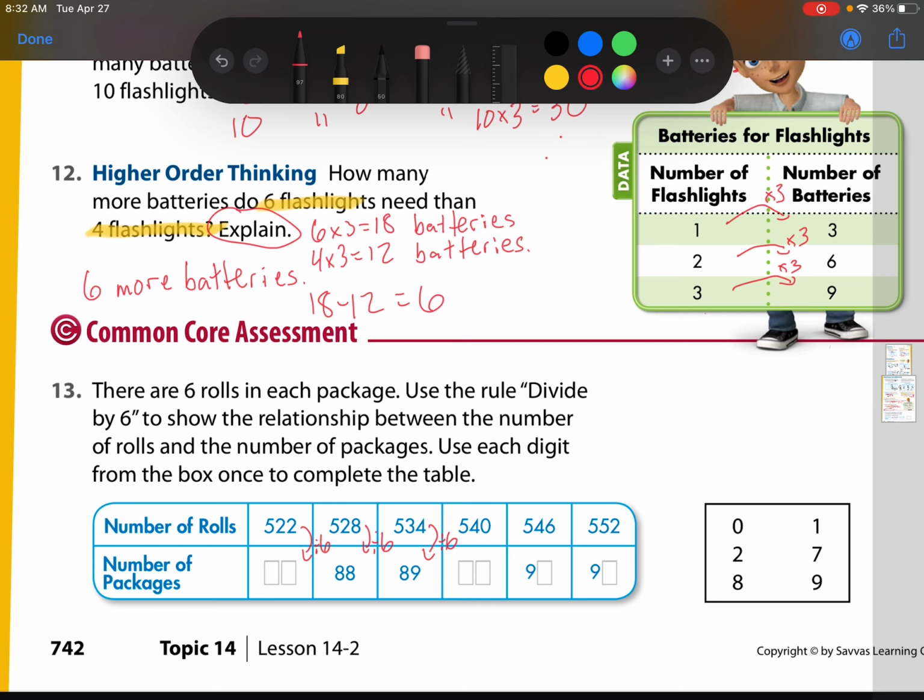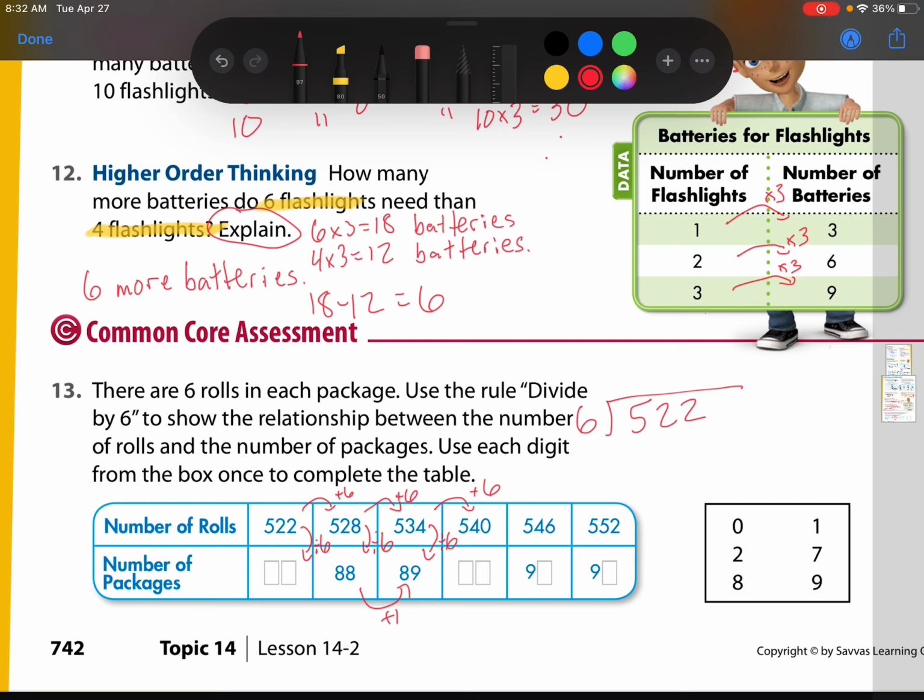Use each digit from the box once to complete the table. Well, here we could do 522 divided by 6, but there's an easier way. It goes back to recognize that pattern. Notice here I'm increasing by 6 each time. And down here, I'm increasing by 1 each time.